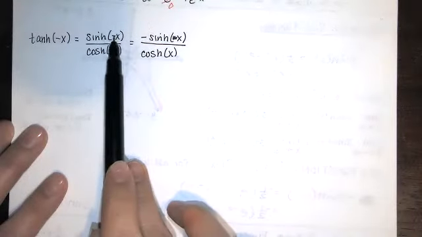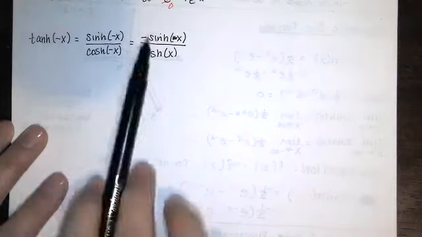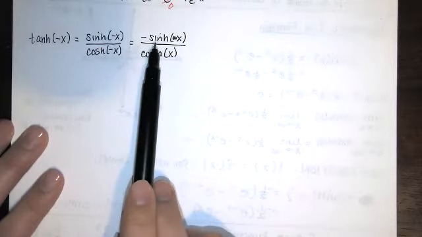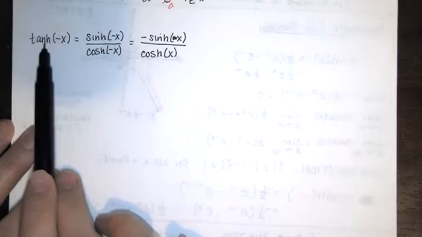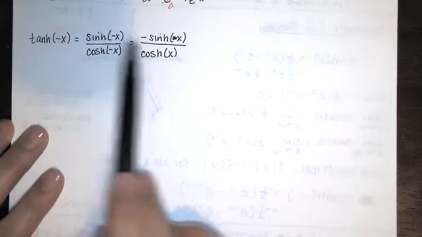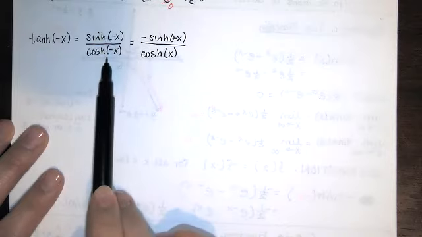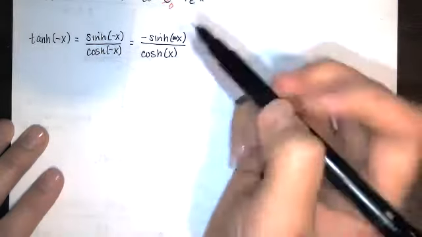It's not factoring, but a lot of students remember this as sort of factoring out that negative. It's not factoring, but we can kind of think of it that way, if that helps as a mnemonic. So the hyperbolic tangent of negative x is equal to this, which is equal to this because of the even and odd properties of the hyperbolic sine and cosine.